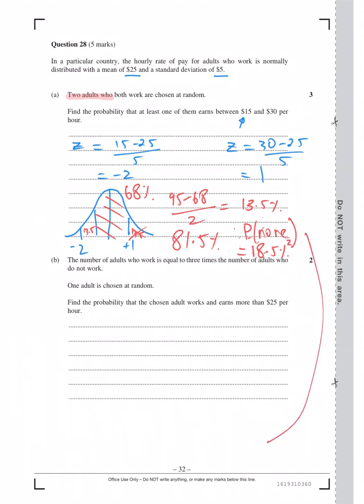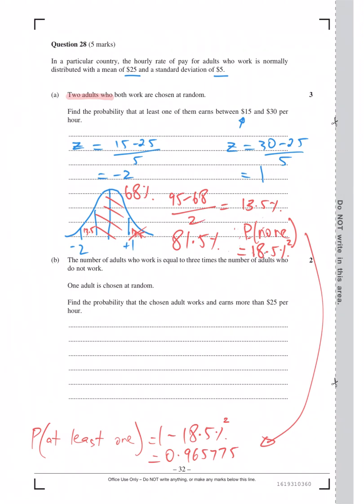So as I come down here to the bottom of the page, my probability that at least one is going to be 1 minus 18.5% squared, which is 0.965775, or about 96, nearly 97%. I'm a very strong chance that at least one of these people earns between $15 and $30, or sits between a Z-score of minus 2 and plus 1.